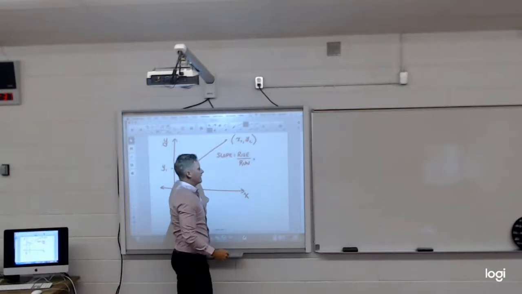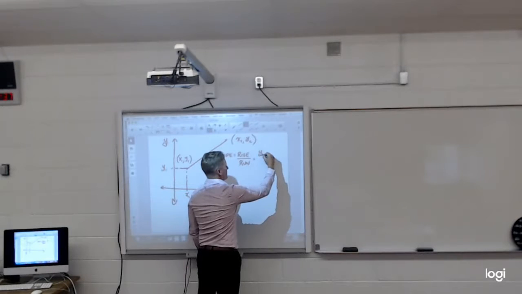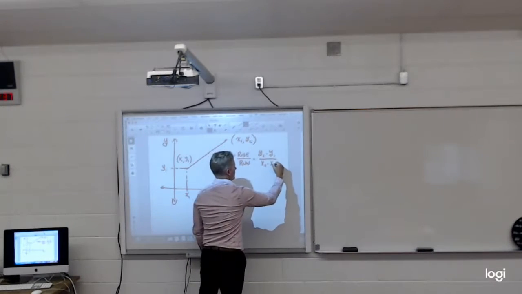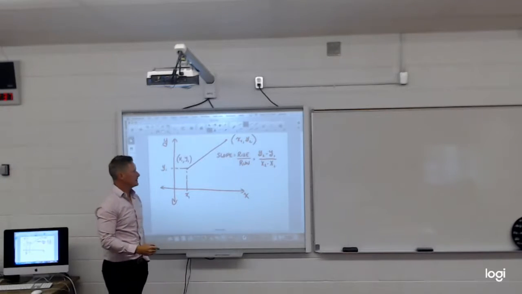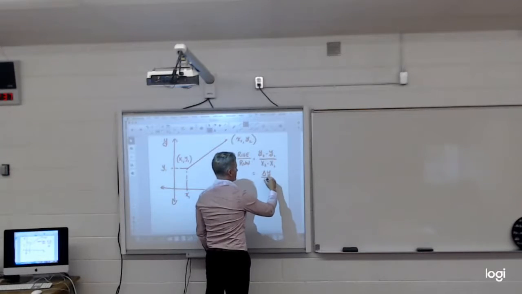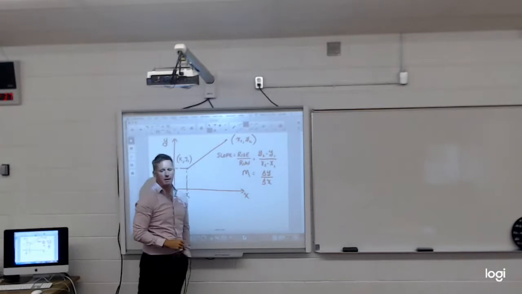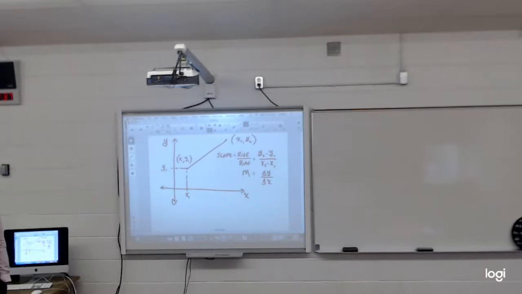Looking at my graph, it's y2 take away y1, the change in y over the change in x. So y2 minus y1, and we shorten it and write it as change in y over change in x. That's what slope is equal to, and I make m my slope. Remember that from grade 10 math? So m is equal to change in y over change in x.